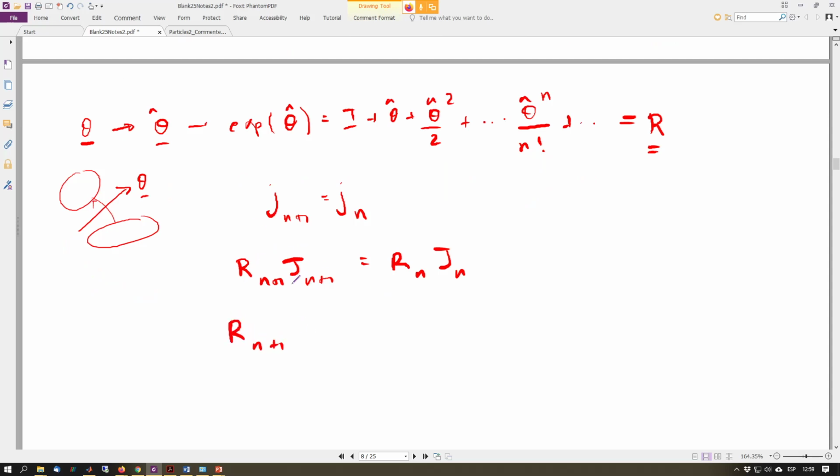So preservation of angular momentum means that this inertia multiplied by omega at n plus 1 is equal to rn by this, which does not depend on time. Omega is constant, but the angular velocity is not, so we will not have this term here. So there are algorithms such that you interpolate your rotations and your angular velocities in such a way that they preserve this identity. That would be preserving angular momentum.